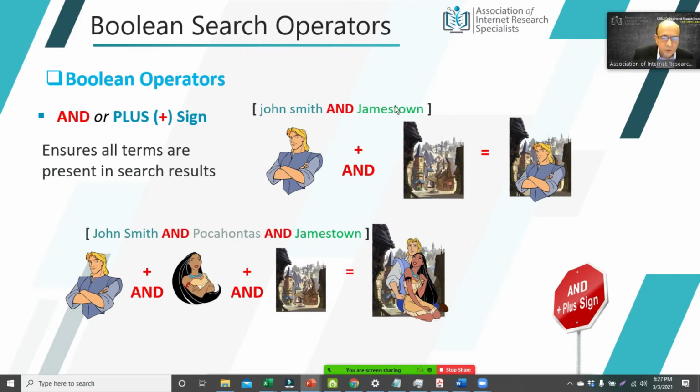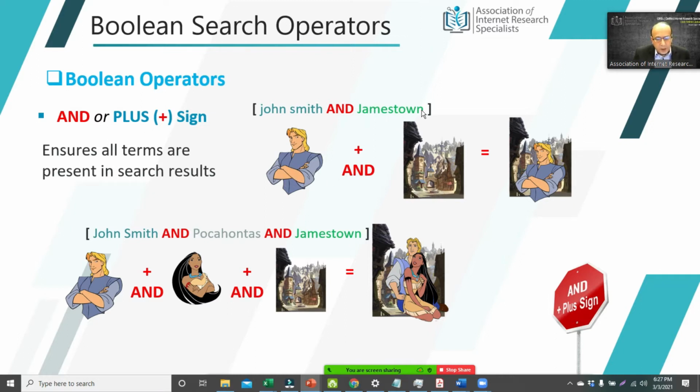You want to ensure that both terms are included. Just look at my pointer, where I'm putting my cursor: John Smith and Jamestown. This set of words, the first name and last name and the last word, has to be returned in search. So I'm going to use AND. The condition is to bring back both these words.